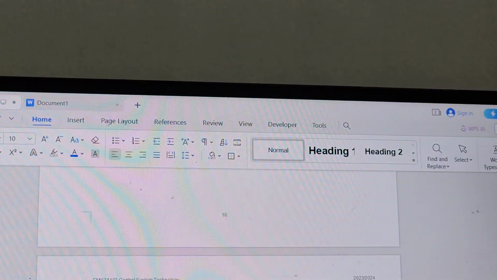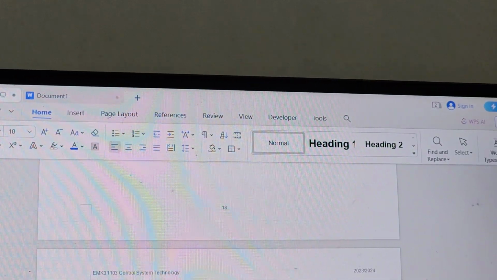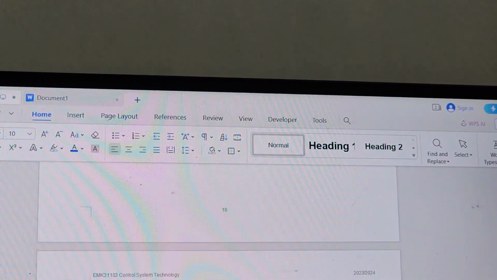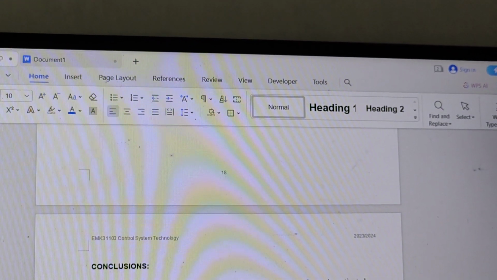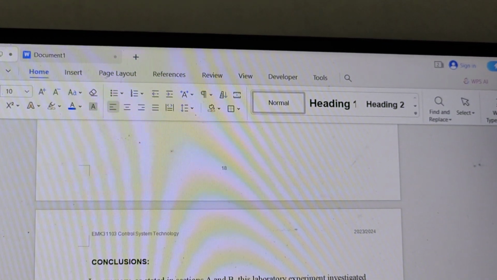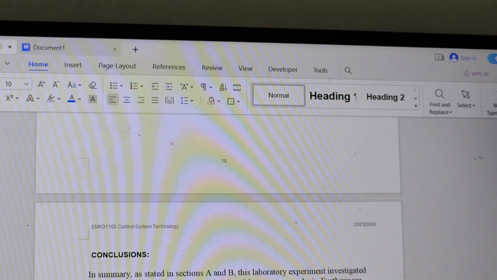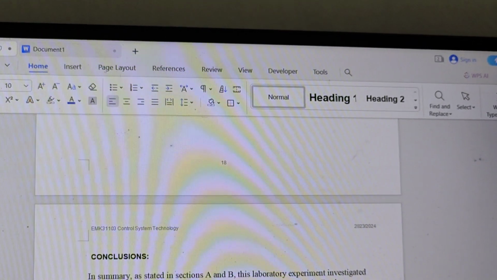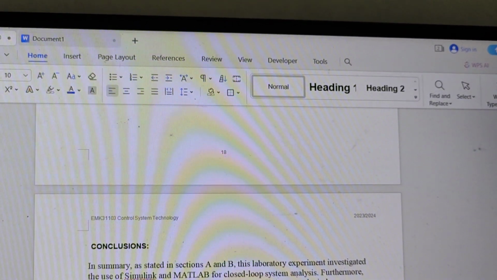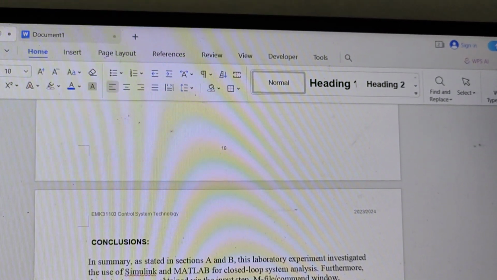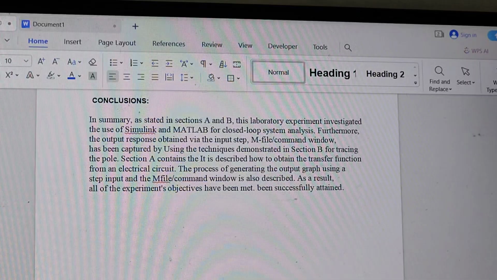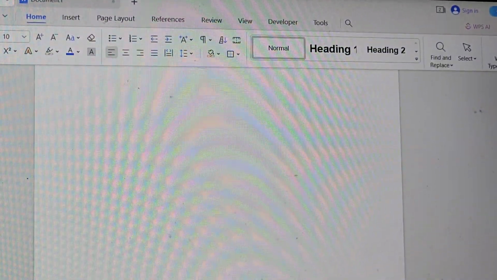Section A describes how to derive the transfer function from the electrical circuit. This process of generating the output using step input and the M-file or command window is also described. As a result, all of the experiment objectives have been successfully attained. Thank you.